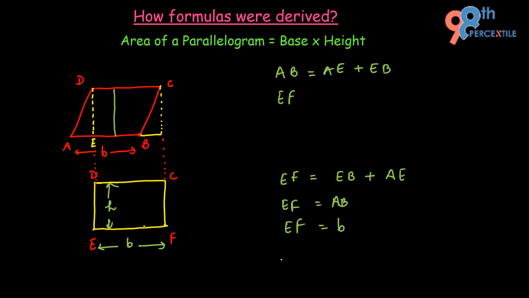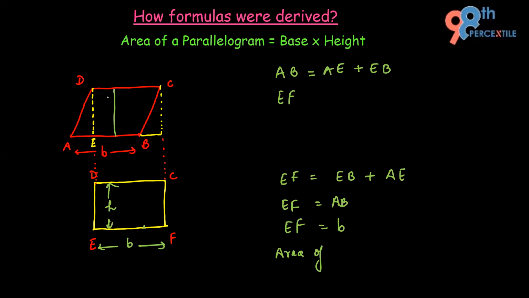Now, what is the area of a rectangle? Basically, you have to understand that I just took this triangle from here and placed it over here. Now this parallelogram has turned into a rectangle.